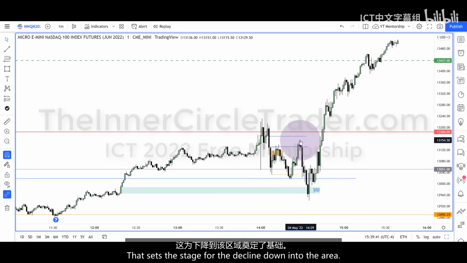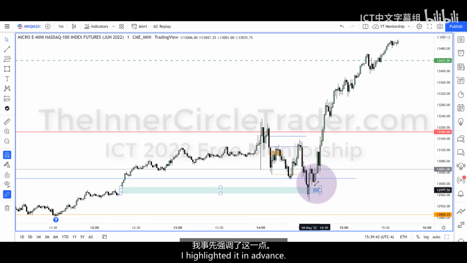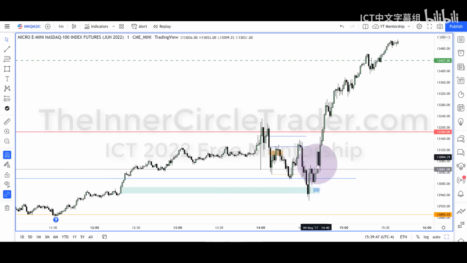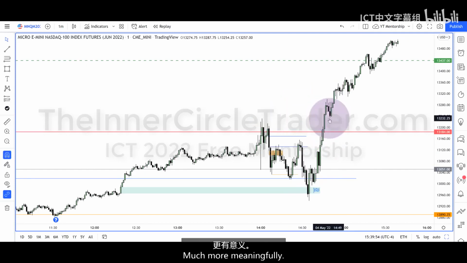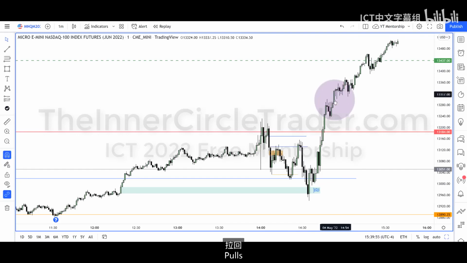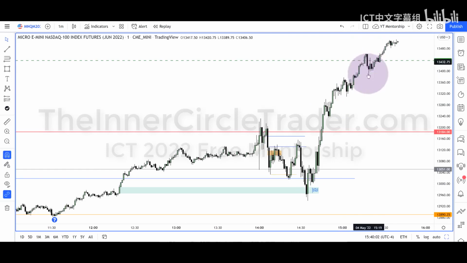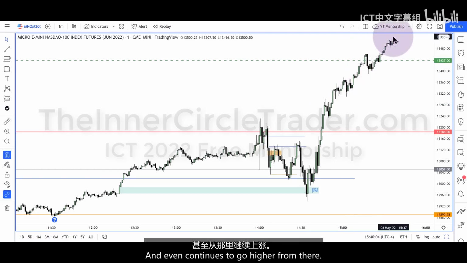That sets the stage for the decline down into the area I highlighted in advance. Said this was the end of the road for the bears. It starts to rally, comes back down in, rallies once more, takes off, takes out Tuesday's high much more meaningfully, and rallies again, pulls back into an imbalance here, rallies again, pulls back into an imbalance here after taking our target, and then even continues to go higher from there.